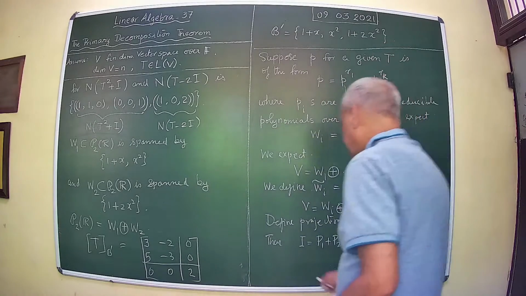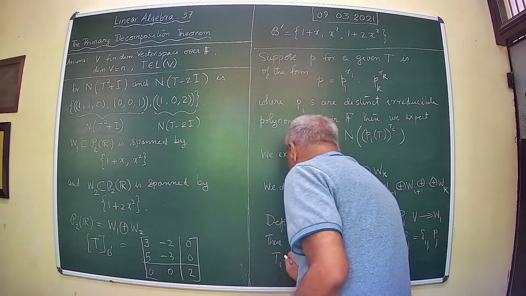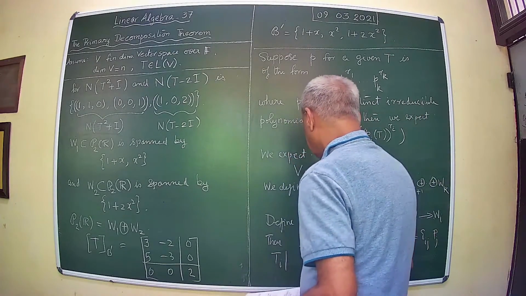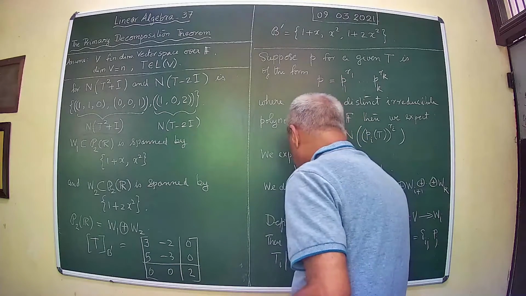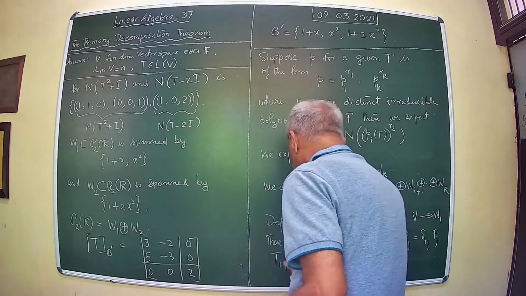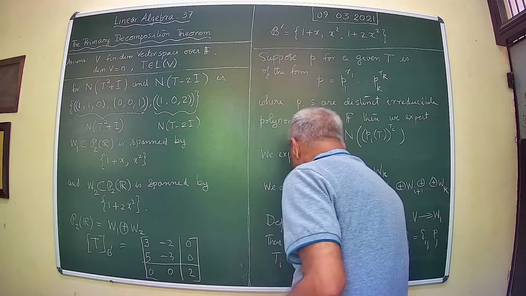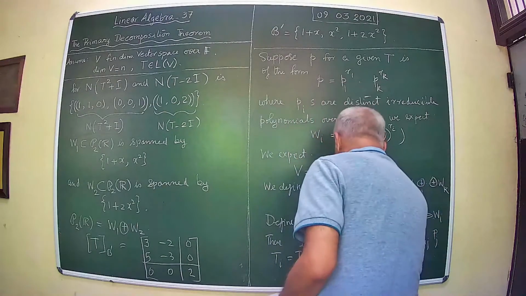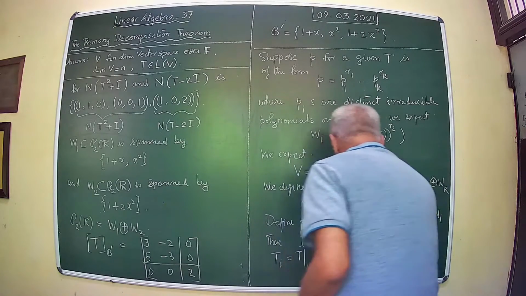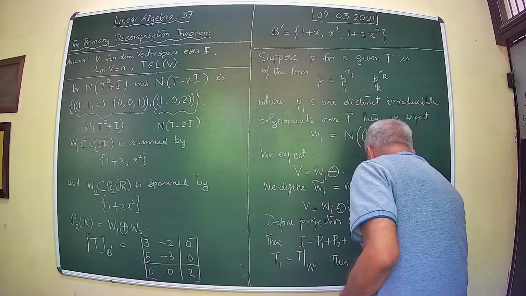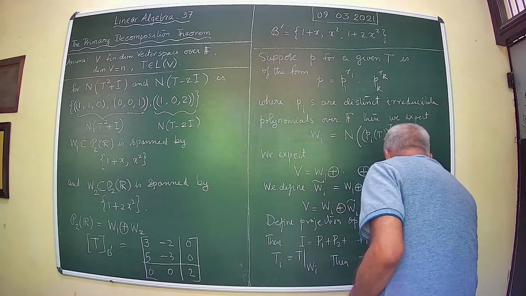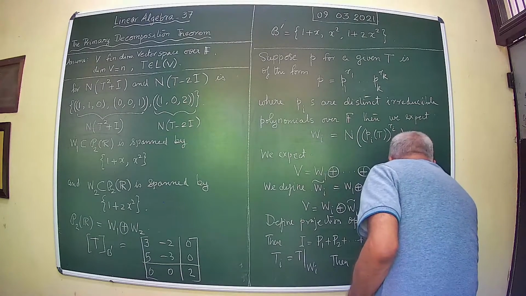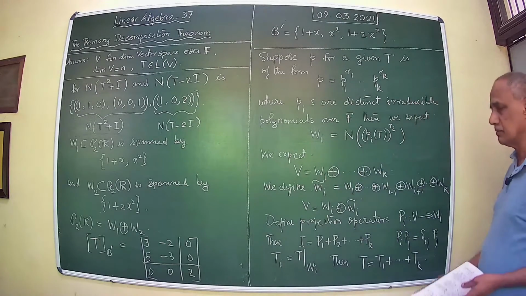And if Pi is the projection, it's a restriction only. Now this is the general version.